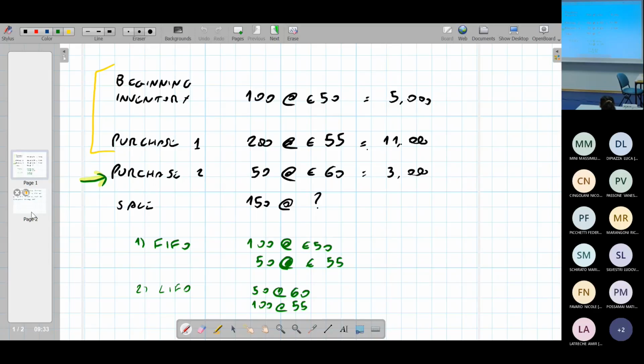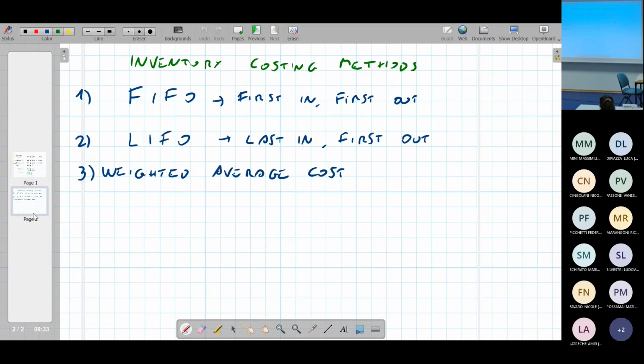In our example, we have 100 units at 50, then we have 200 units at 55, and we have 50 units at 60. That is the total value of the inventory.